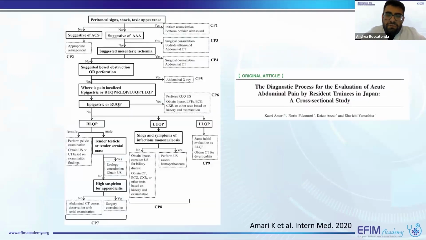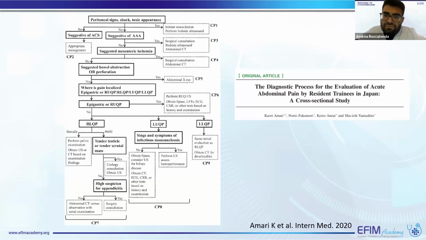And we will use this diagram, in particular from this work published in 2020 in Internal Medicine. It's interesting to observe that it's a Japanese experience from resident trainees, so it's very useful in our clinical practice.